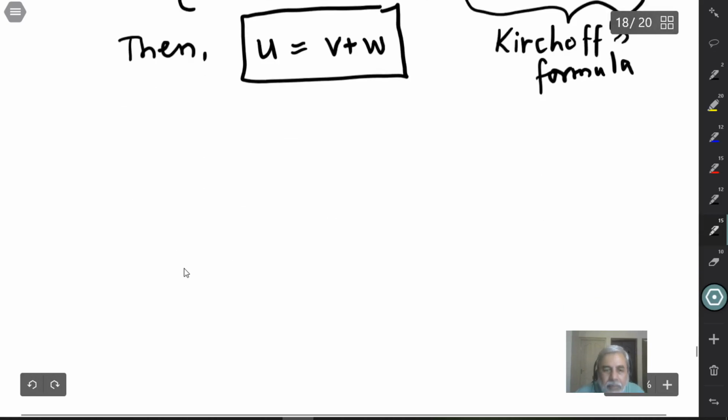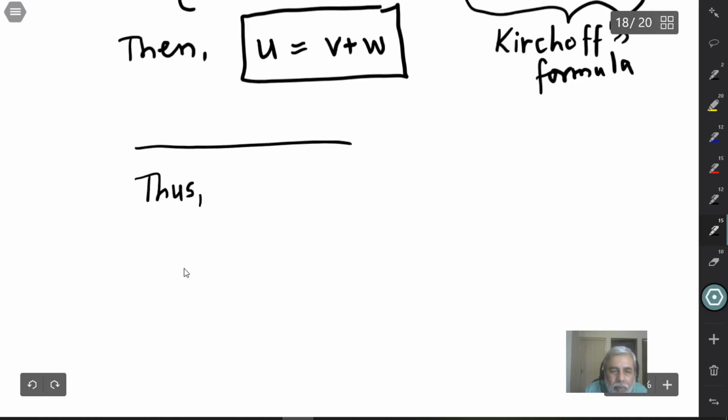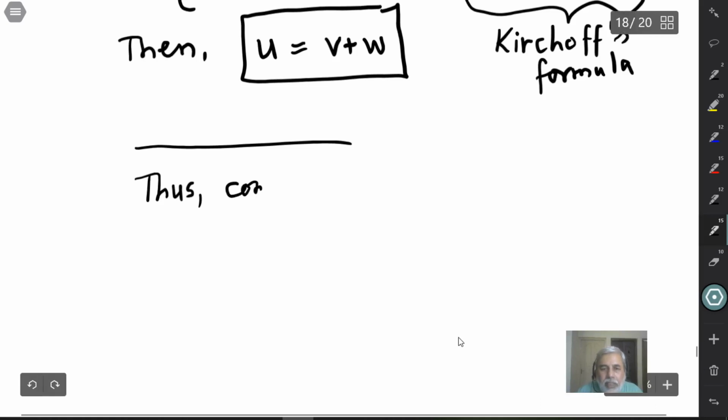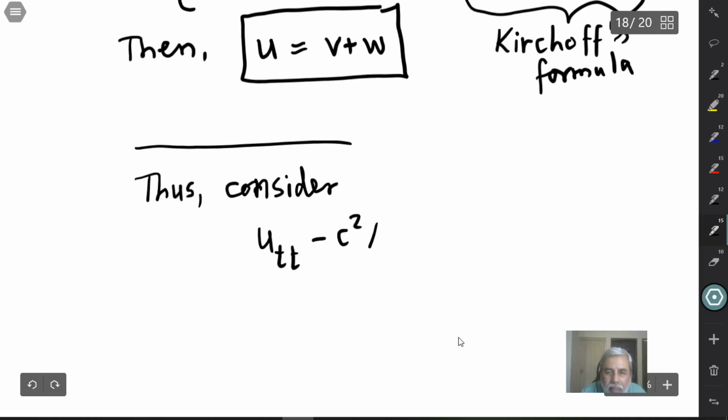So thus consider the simpler IVP: u_tt minus c squared Laplacian u equals f of x,t, with zero initial values.